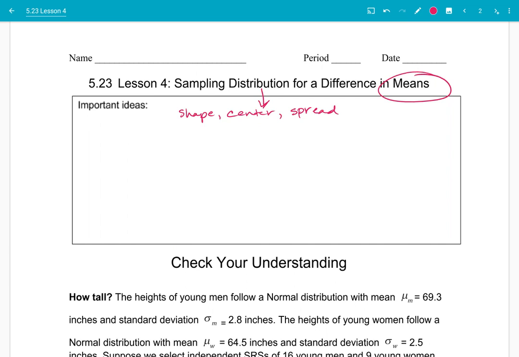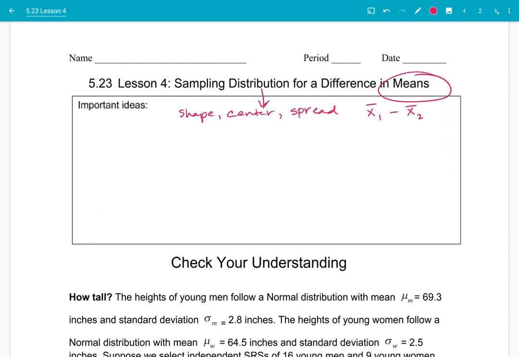And our sampling distribution is going to be for our mean of 1 versus mean of 2. So sampling distribution would be x bar 1 minus x bar 2. Remember, your sampling distribution is based on your sample values that you found. So that's why I used x bars.